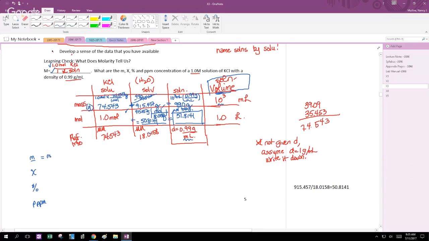Molality means how many moles of solute per kilogram of solvent. Well, I know how many moles of solute. I know how many grams I have of solvent, so I must have 0.915457 kilograms.